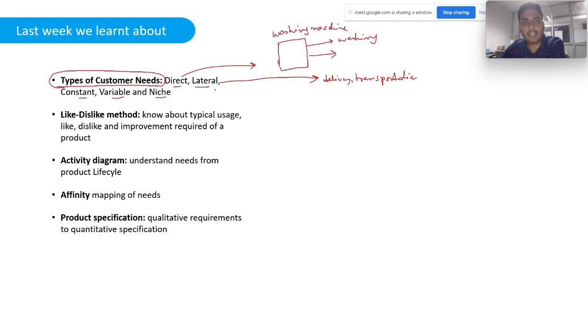So basically, in direct needs, we consider customer needs, whereas in lateral needs, we consider the life cycle of a product, and we assess the various stakeholders in the life cycle from product delivery to product end, where there are requirements or needs to make this life cycle sustainable. For example, from manufacturing to the distributors, the product should be easy to deliver. That is one lateral need. Similarly, easy to repair and easy to maintain can be lateral needs.